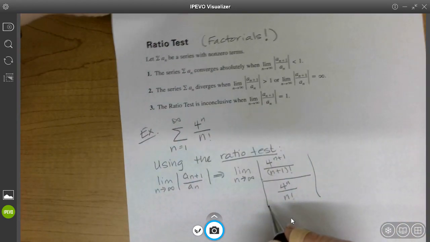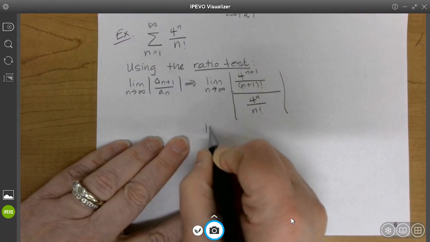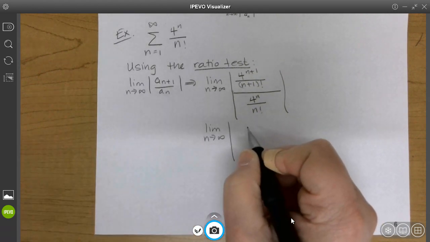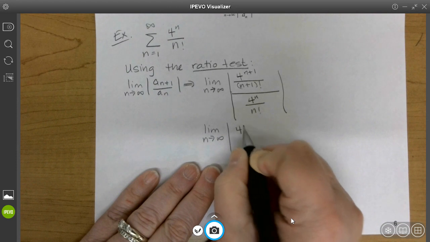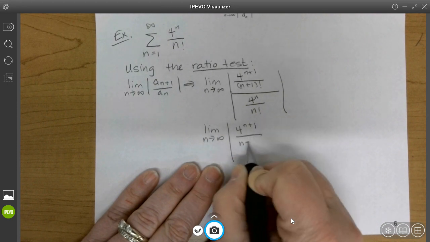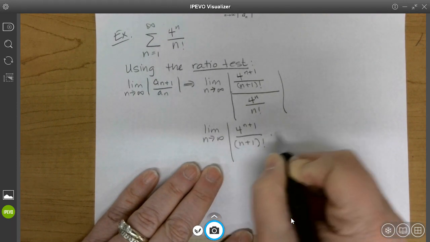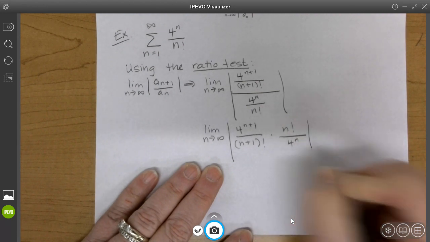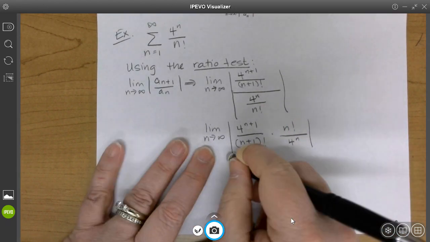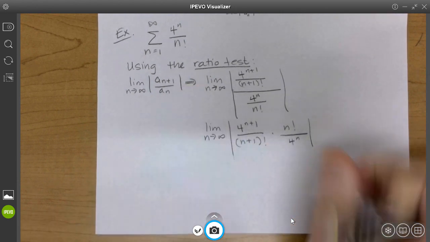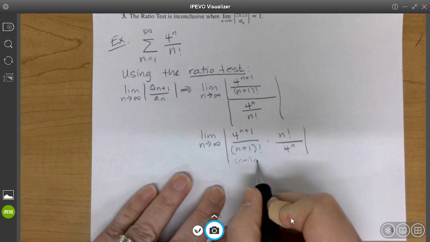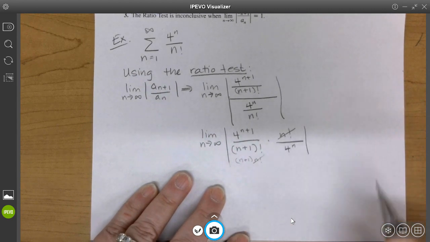And I'm going to flip here. So we get the limit as n goes to infinity of 4 to the n plus 1 over n plus 1 factorial times n factorial over 4 to the n. Okay, and as I have often said, inside n plus 1 factorial is an n factorial waiting to be canceled. So there we go, we're going to cancel the n factorials.